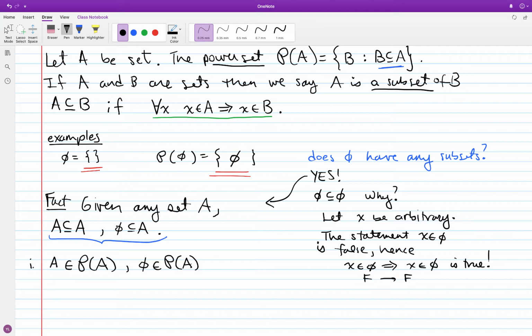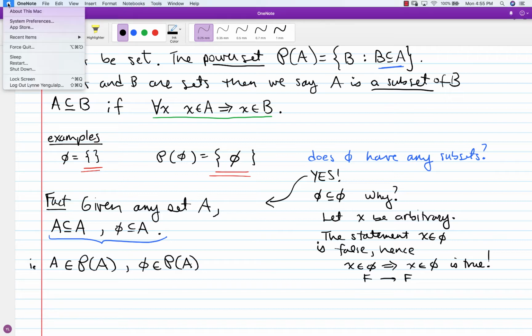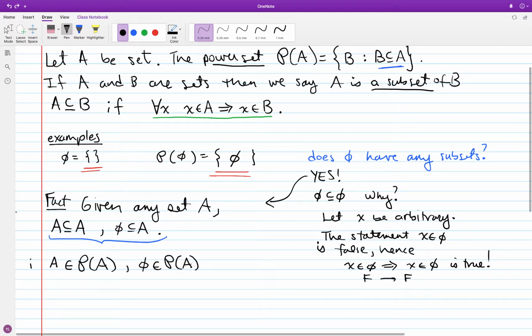Okay? So, oops, I meant to say i.e. Given any set, A is a subset of A, and the empty set is a subset of A. And those are rephrased in terms of the power set. So get used to this sort of notation here. Be careful.